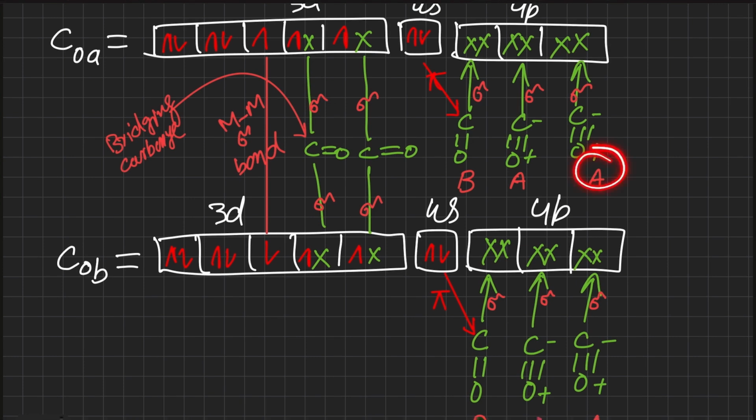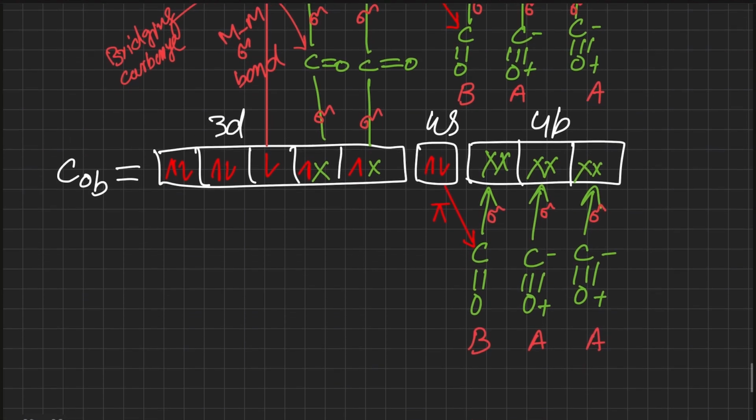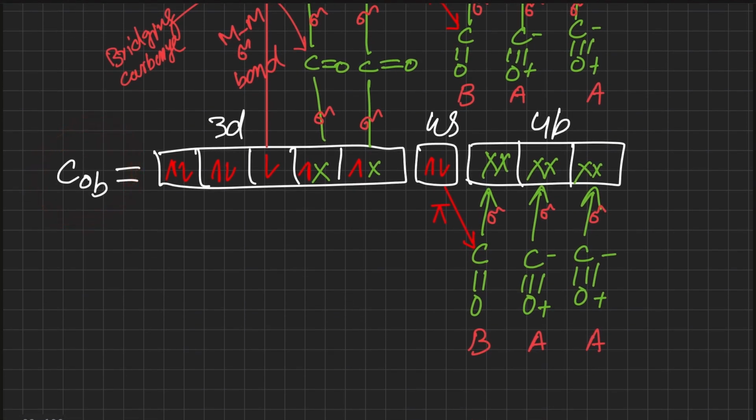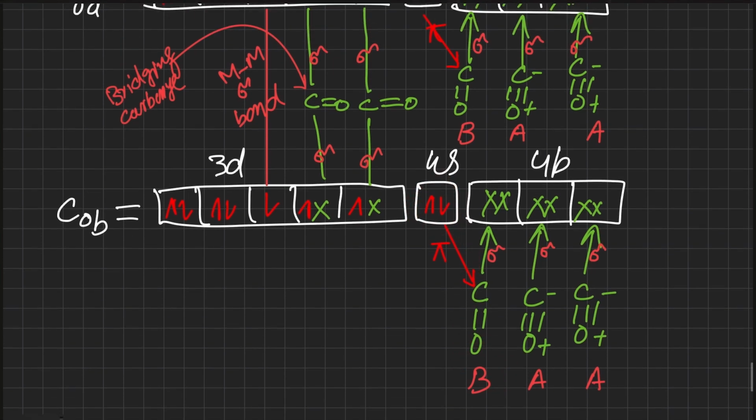So here there are 2 carbonyls with no back bonding and 1 carbonyl with back bonding, or B form. So this is the back bonding electron of cobalt. Similar is the case with the B atom of cobalt. So 2 molecules of carbonyl are attached via A form and one is attached with B form, in which there is back bonding, and here are the back bonding electrons.